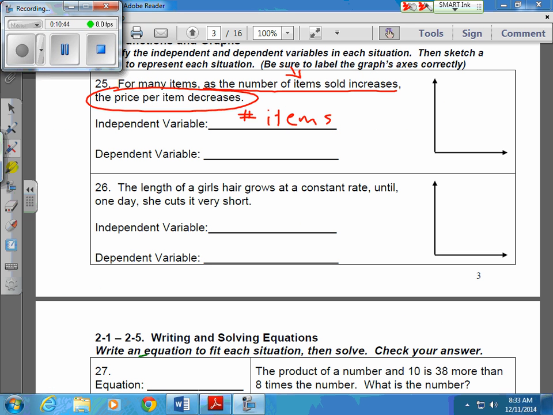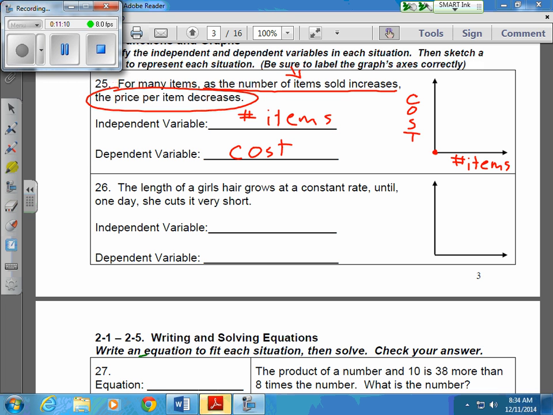And then the dependent is going to be the cost. So if we start out here, and our dependent always goes over here on the y-axis, cost. And our independent goes down here, number of items. We don't have to put specific numbers on this graph. Just in general, as the number of items increases, the cost decreases.